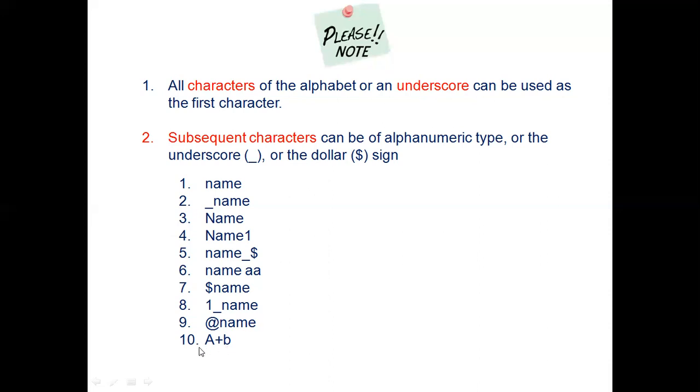And a plus b: even though it starts with letter a, the subsequent character is the plus. It is not mentioned here. The subsequent letters can be alphanumeric, underscore, or dollar, but not an operator like the plus operator. Therefore, it is invalid. That means out of these 10 examples, the first 5 are valid and the next 5, 6 to 10, are invalid. Okay, did you understand?